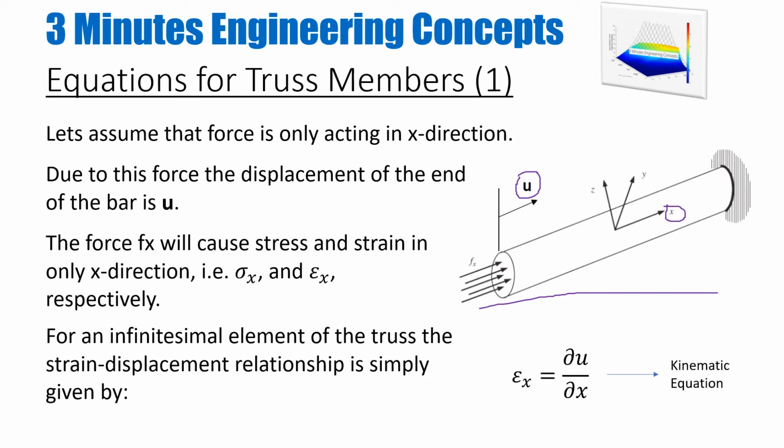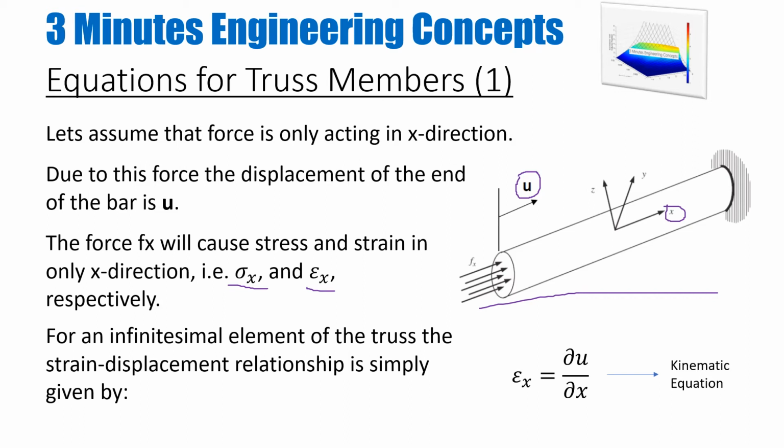Based on this, I can relate my displacement u with the strains, and I can also relate my strain with the stresses. That's the main thing. Now we need to find out how we can define these. So we need a relationship for sigma x, which is the stress in the x direction due to this force, and also the strain caused by the stress or this force in the x direction.